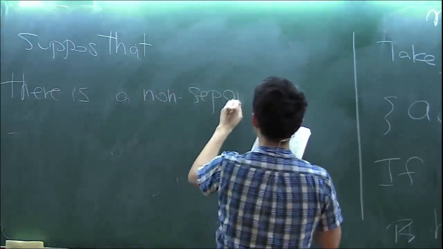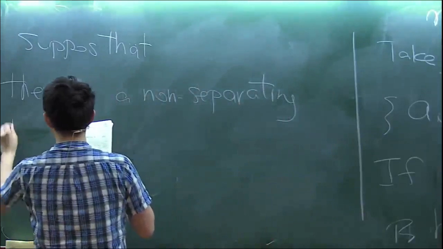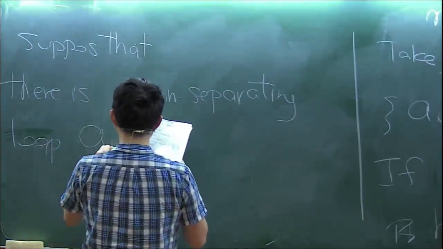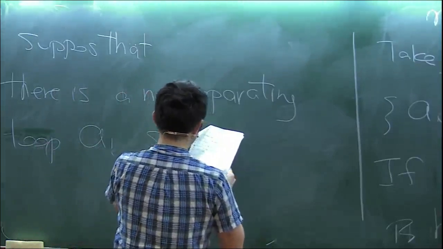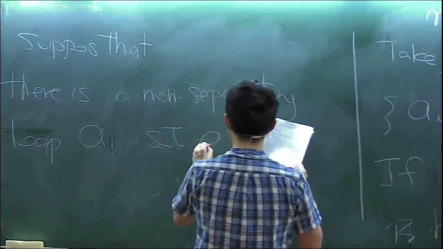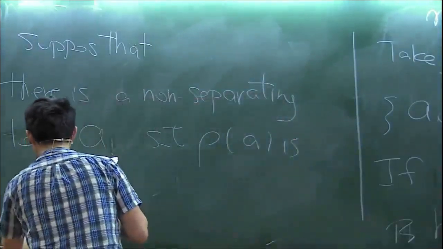Now a non-separating loop A such that rho A is elliptic.